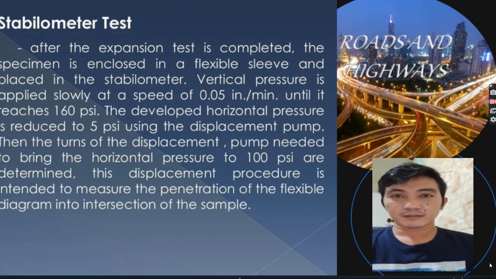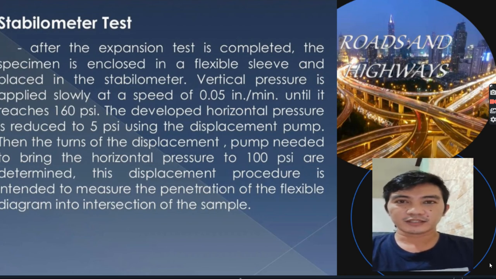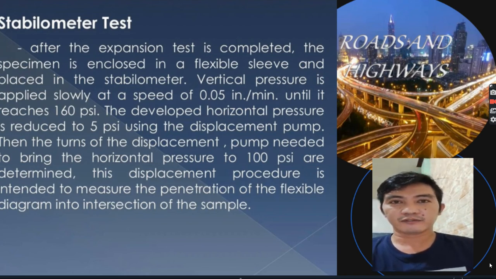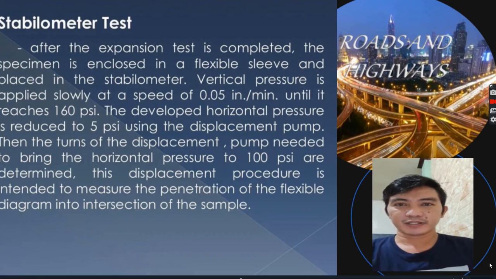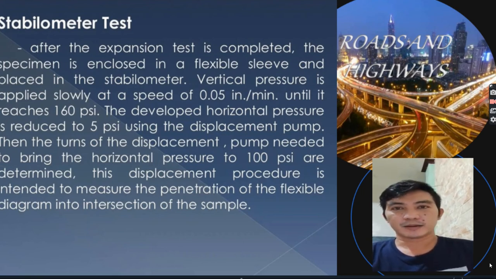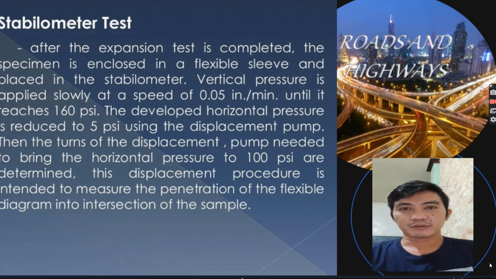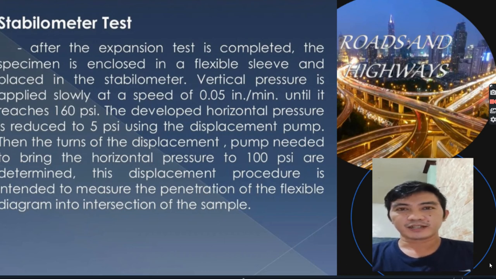Stabilometer test. After the expansion test is completed, the specimen is enclosed in a flexible sleeve and placed into the stabilometer. Vertical pressure is applied slowly at a speed of 0.05 inches per minute until it reaches 100 psi. The developing horizontal pressure is reduced to 5 psi.